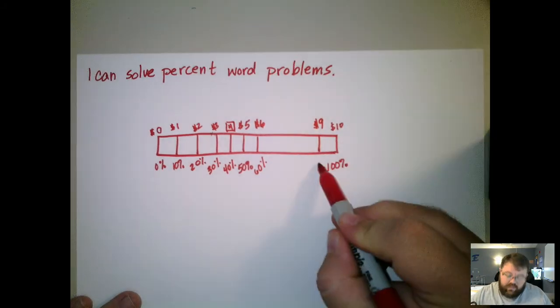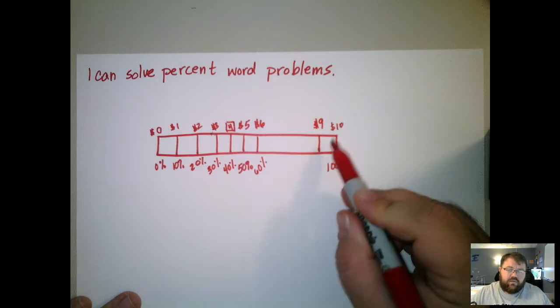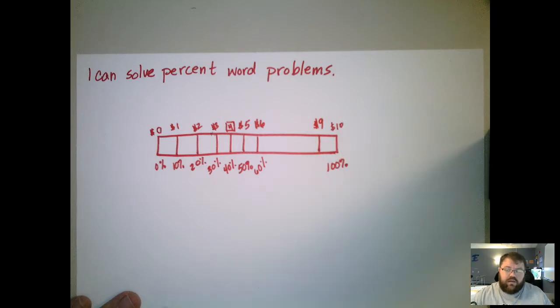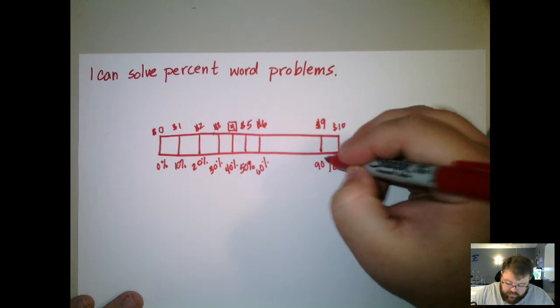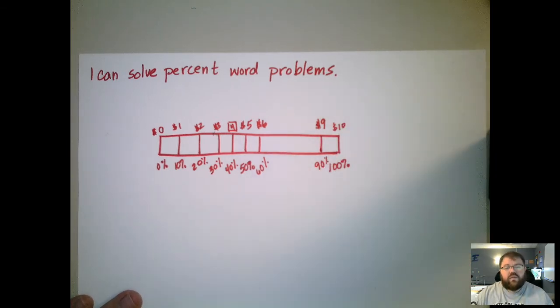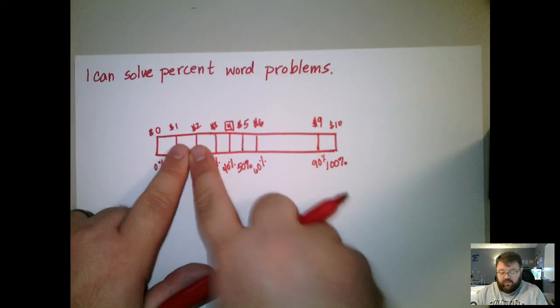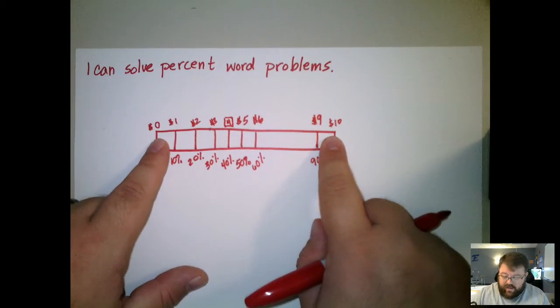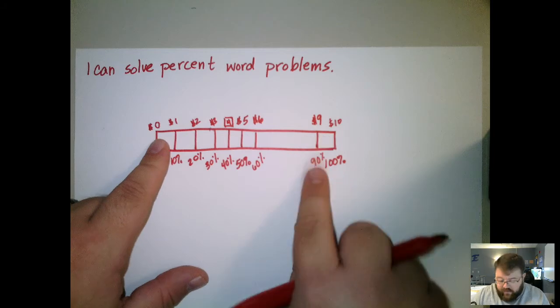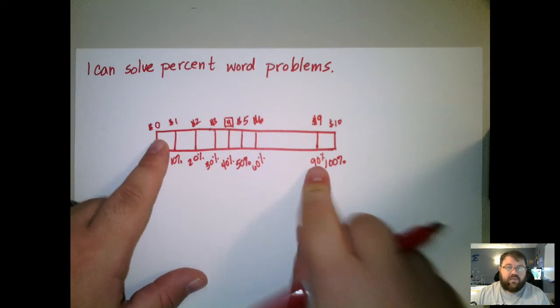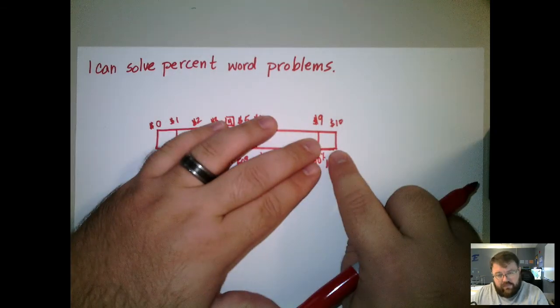What percent of 10 is 9? Hopefully you said 90%. If somebody owed you $10, that's the whole debt. They've paid you 9 so far. They've paid off 90% of their debt. They still owe you 10%.